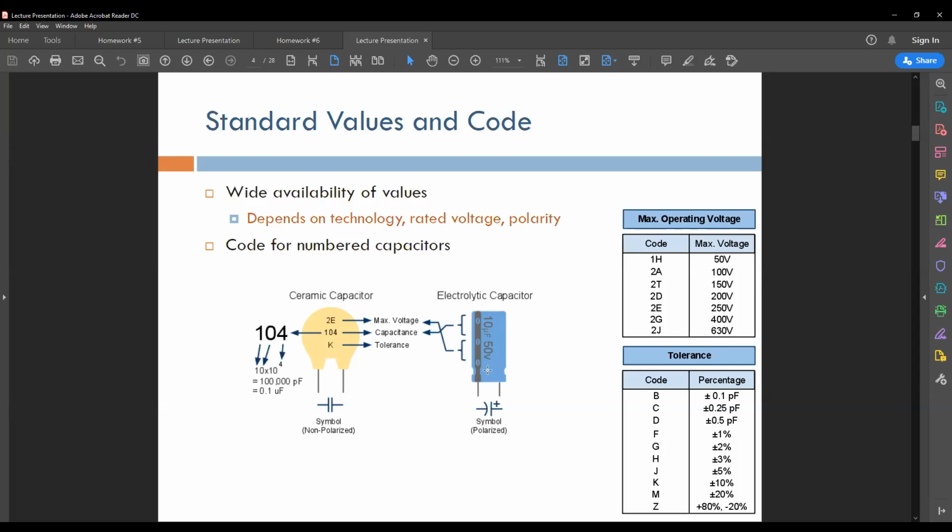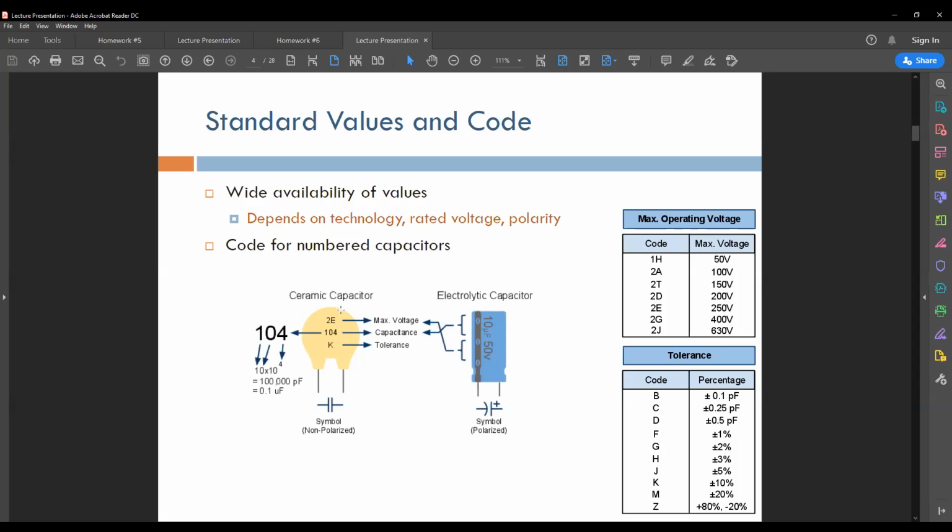Because this is a capacitor that has polarity, there should be a way to designate the negative or positive terminals. Usually, for the electrolytic capacitor, you have the negative leads marked. As you see here, you have negative, negative, negative. This is the designation for the negative lead of the capacitor.